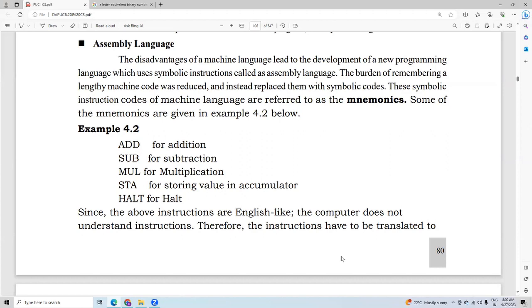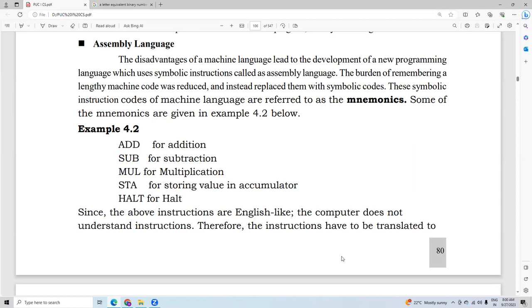Symbolic codes means what? Symbolic codes written in the English language, right? English is something we are all very comfortable with. We can write it easily, remember it easily. If there are any mistakes, we can identify them very easily, right? So we felt it very easy to write the commands using this assembly level language.